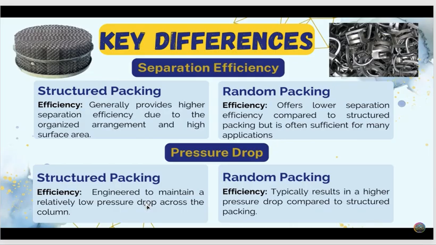Also the pressure drop, which is very important here. You have to know that it is engineered to maintain a relatively low pressure drop across the column. Random packing typically results in a higher pressure drop. Why? Because it's random. It's easy to understand something like that. So the pressure drop is better related to the stacked or organized packing.